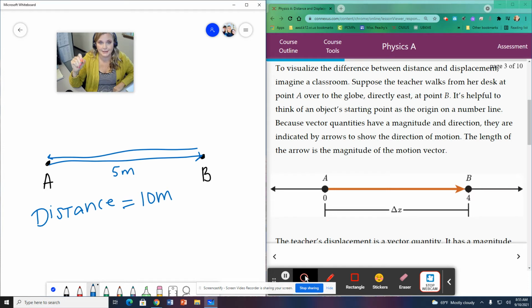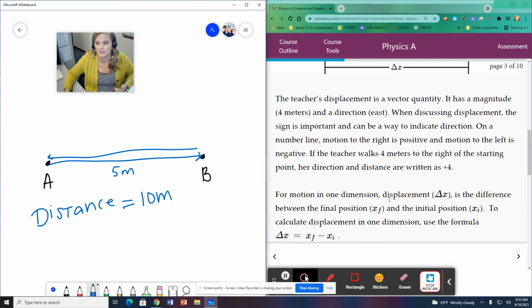Displacement is a vector quantity, so direction matters. When you look at the displacement of something, you're looking at its initial position and its final position. For displacement we use the notation delta x.